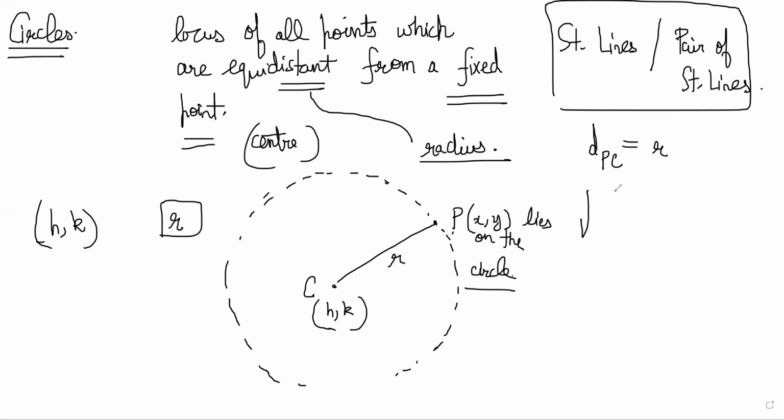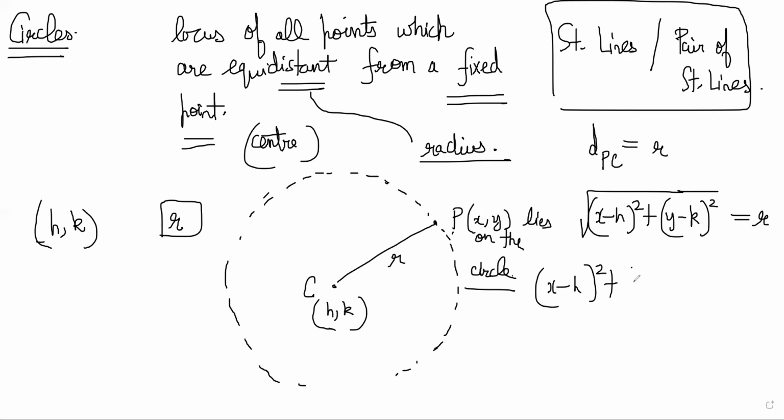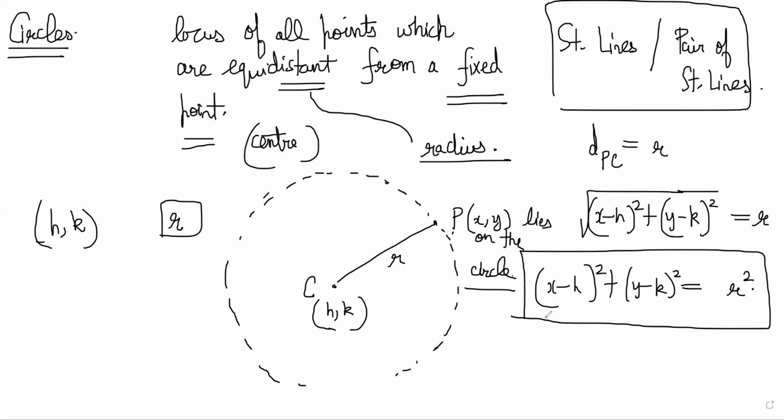So by the distance formula, PC, which will be the square root of x minus h whole square plus y minus k whole square, should be equal to r, right? So squaring this, you'll get x minus h whole square plus y minus k whole square is equal to r square, right? So this is my basic equation of a circle. This equation of a circle tells you the center and the radius immediately, right?